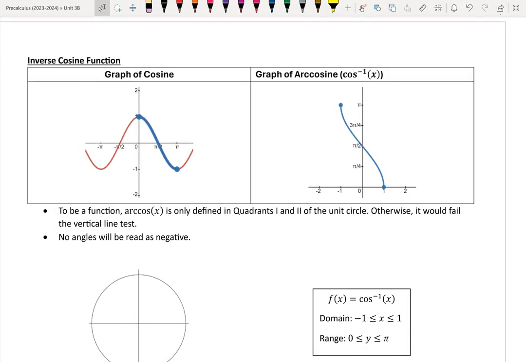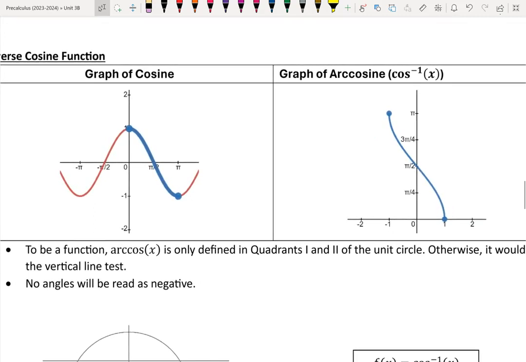So cosine inverse looks similar, but also very different from sine inverse. On this one, whoever decided upon this stuff back in the ancient days of math chose the chunk of the cosine graph going from 0 over to pi to be the chunk of our inverse.